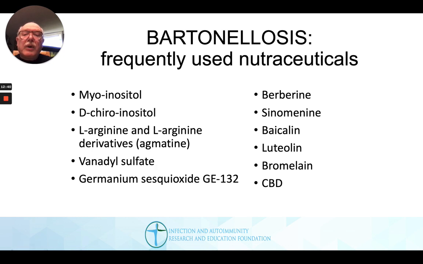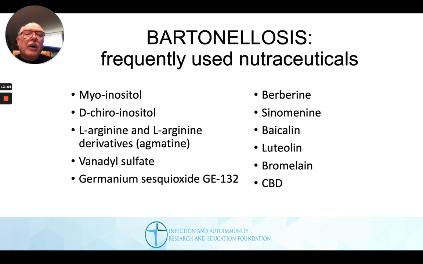And also frequently we're using organic germanium, or Ge-132, to stimulate production of hydrogen peroxide in macrophages and kill intracellular microorganisms.